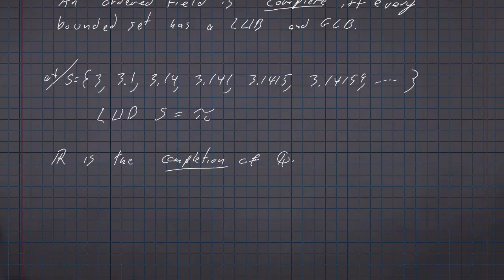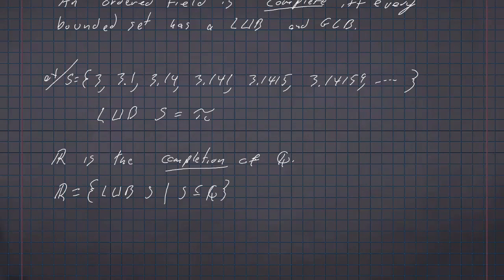All right, so if we call the real numbers the completion of the rational numbers, what I mean by that is that the real numbers are the set of the least upper bounds of sets S such that S is a subset of the rationals.